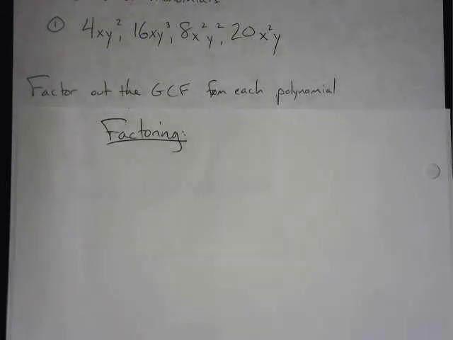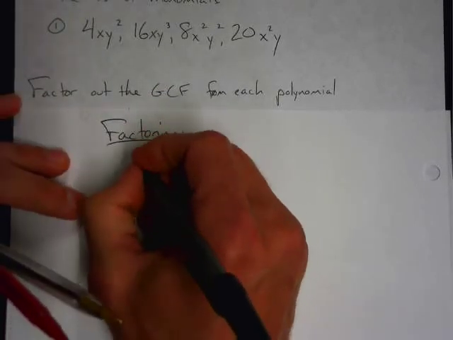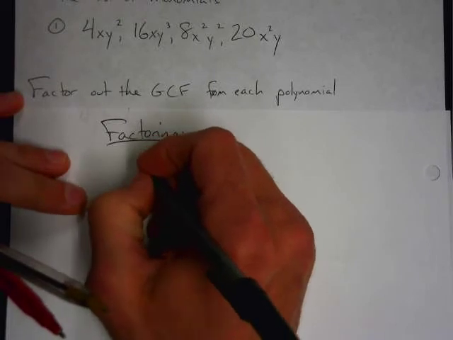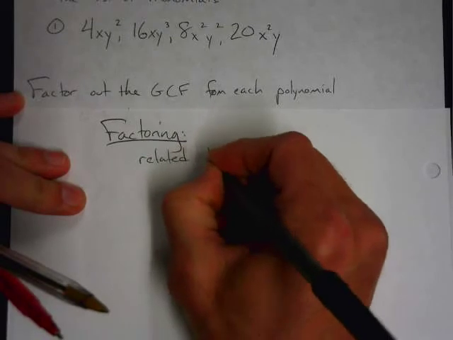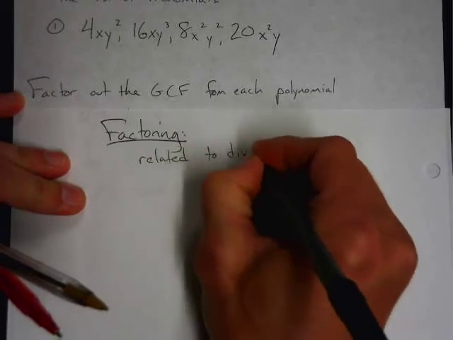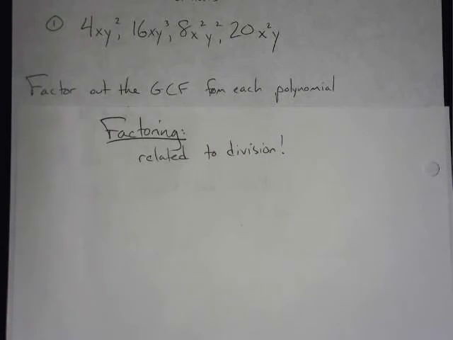If we're going to factor a number, we're going to show it as a multiplication. So factoring is related to division. And that's kind of neat, right? When we factor, we're actually dividing something.